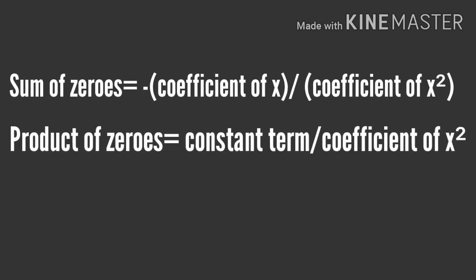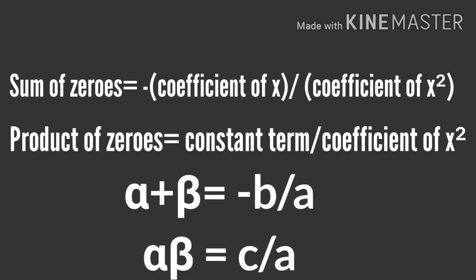Now dear students, we can say that the sum of zeros will be equal to minus the coefficient of x divided by the coefficient of x square, and similarly the product of zeros will be equal to the constant term divided by the coefficient of x square. So for a quadratic polynomial, alpha plus beta is equal to minus b by a and alpha beta equal to c by a.